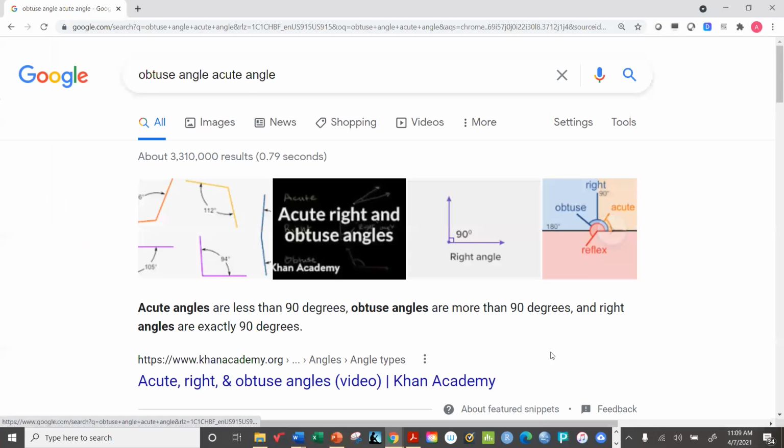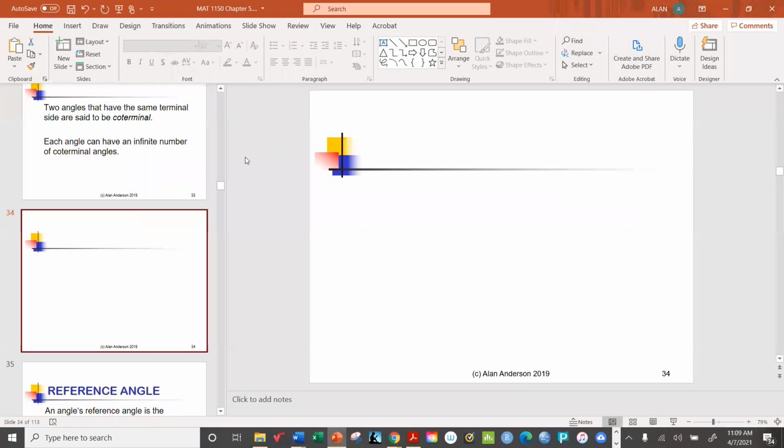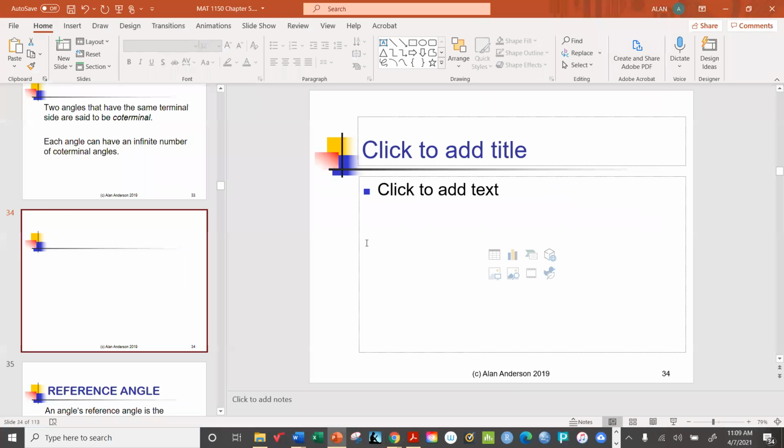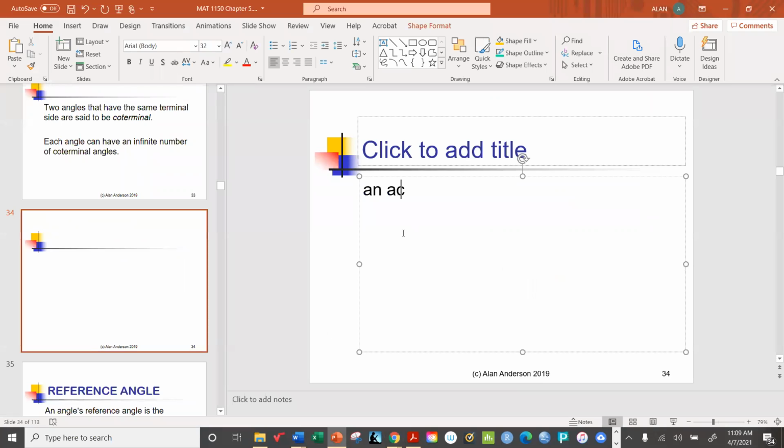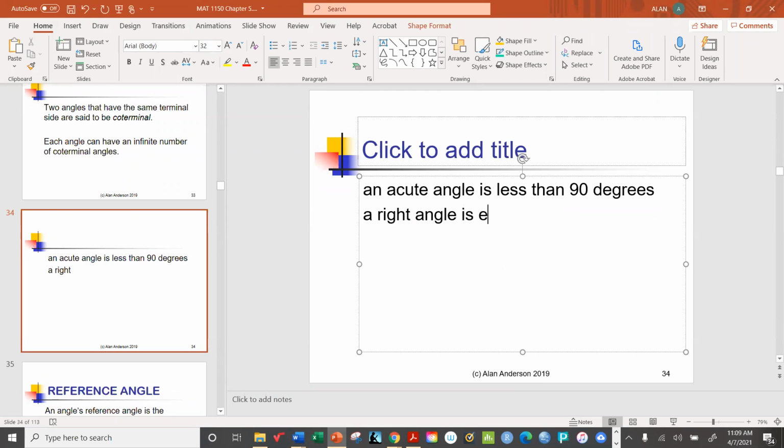So there are some angles you might want to remember. An acute angle is less than 90 degrees. Of course, a right angle is exactly 90 degrees. Oh man, is this all coming back?